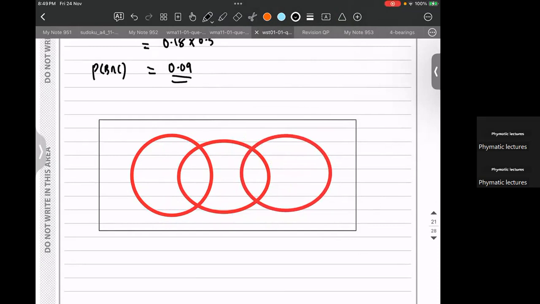Usually, if three subsets are there, then we will be merging all the three sets together, and we will draw something like this. This is how usually we are drawing for three subsets. But here we are not using that idea. What is the reason? Because it is given that nothing is common between A and C. So that is why we don't want to show the intersection between A and C. So this is B, this is A, and this is C. So what is common for A and B?